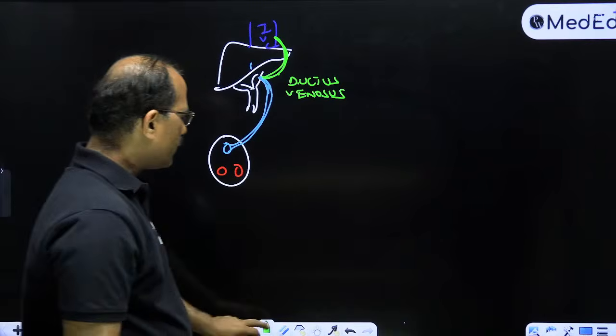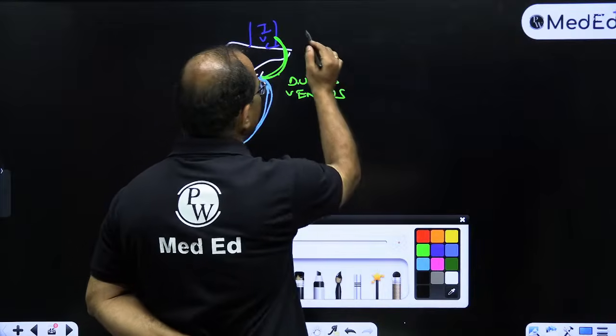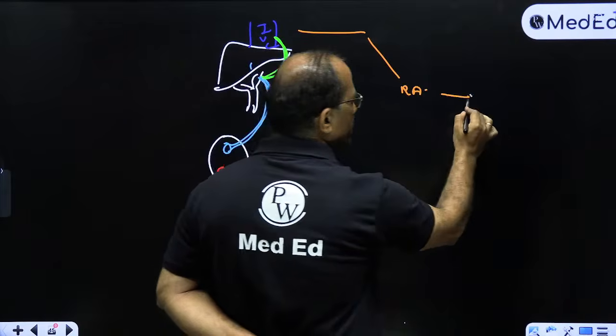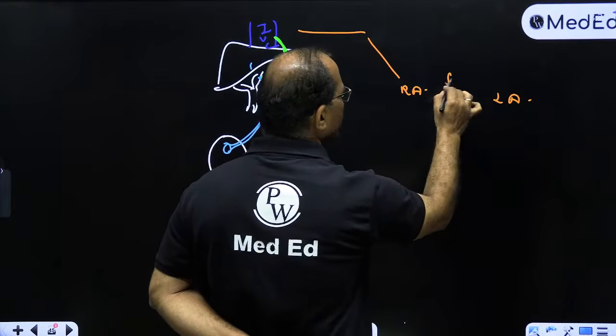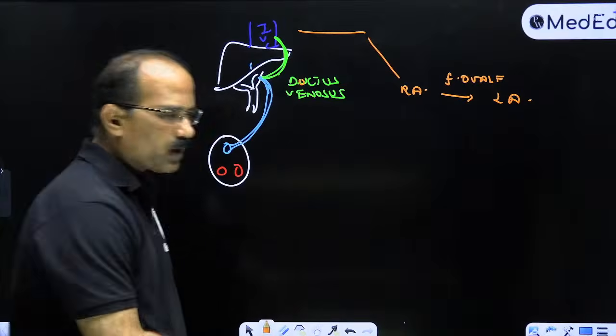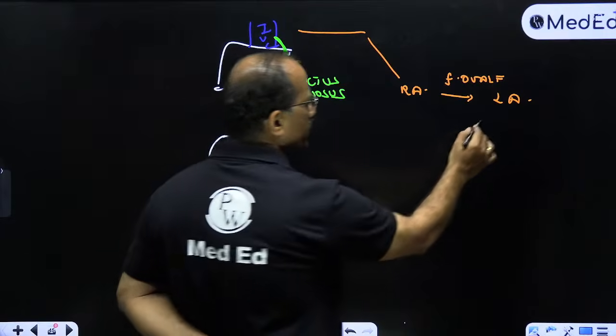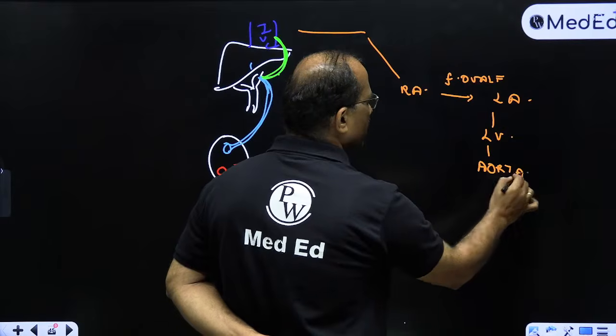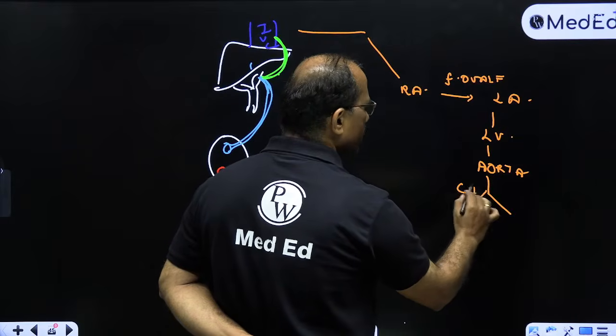Now from the IVC, the blood comes to the right atrium. From the right atrium, blood goes directly to the left atrium through the foramen ovale. From the left atrium it goes to the left ventricle, and from the left ventricle to the aorta. The aorta divides into 2 common iliacs.